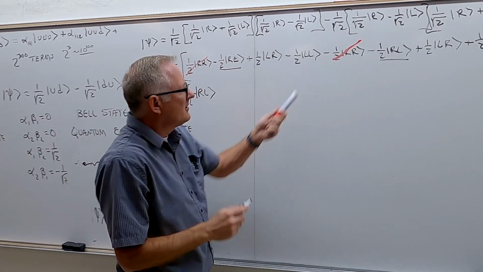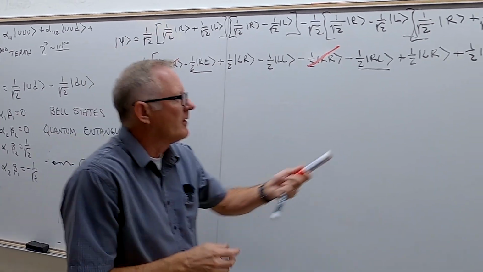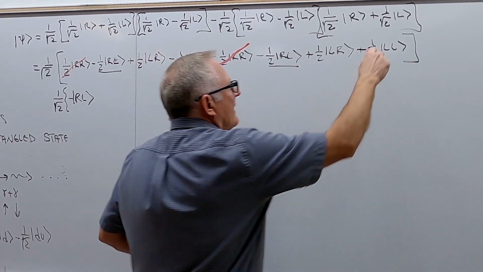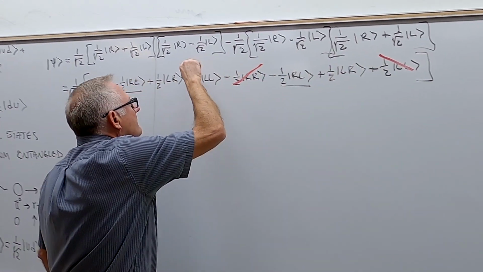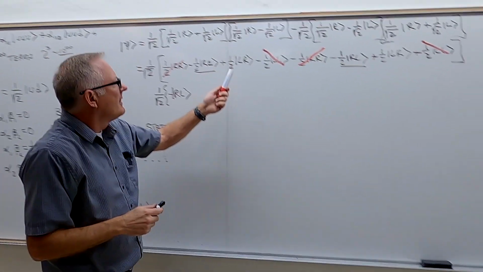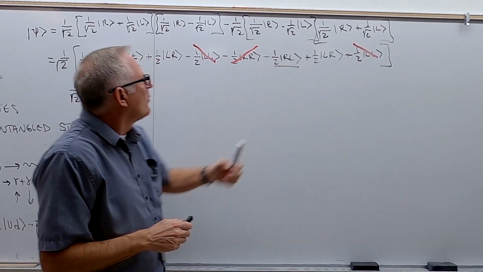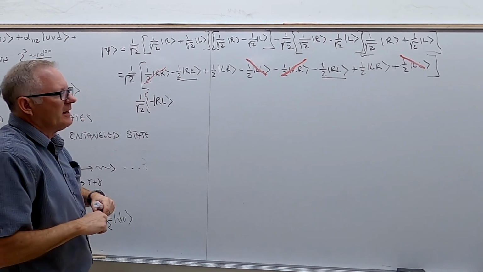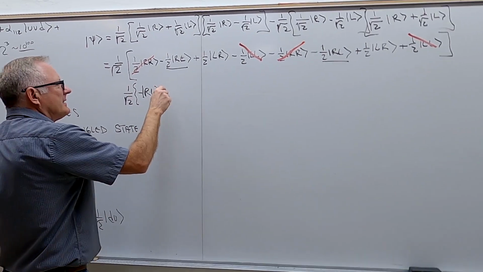Here we get a minus 1/2 left, and we got a plus 1/2 left. So they're gone. And then I have these two terms here, which is 1/2 left right plus 1/2 left right, which is plus left right.